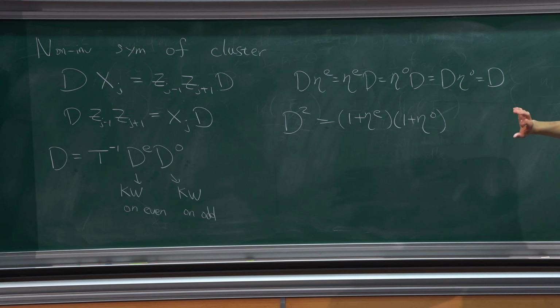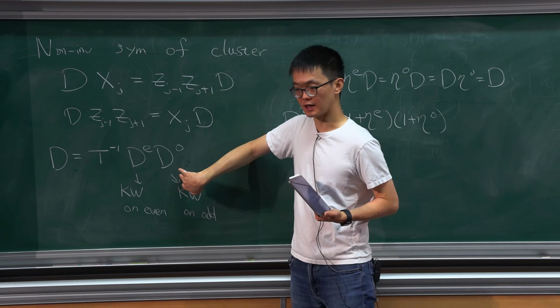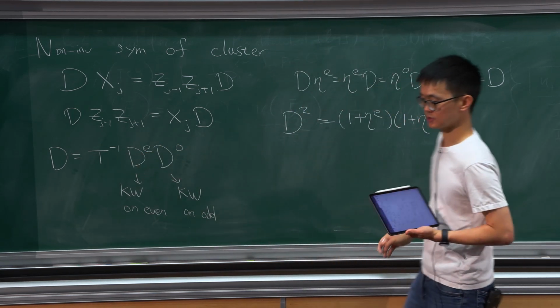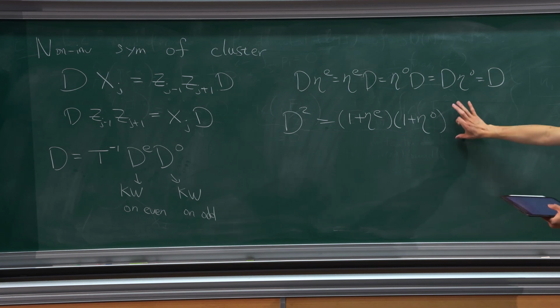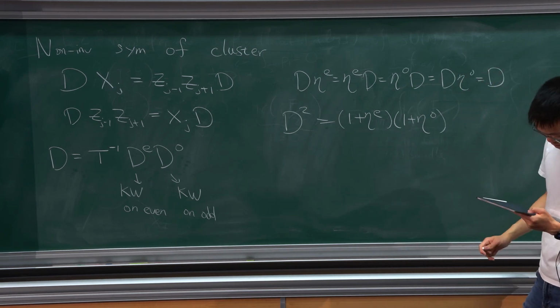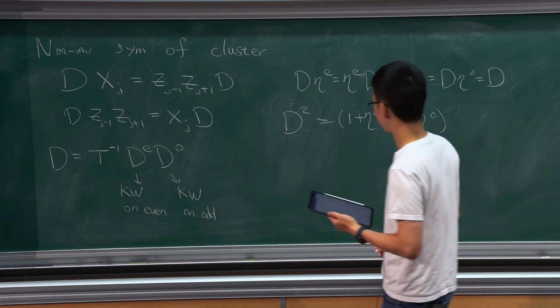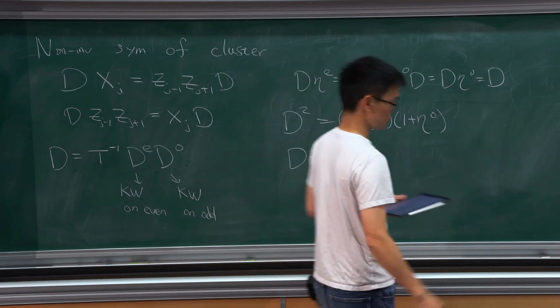But the moment you have Kramers-Wannier on the even side and on the odd side, you can undo that lattice translation, and thereby get something more internal. It's a very simple exercise to verify this transformation, and I wrote it in the exercise. And this D also equals D dagger, as you can check.